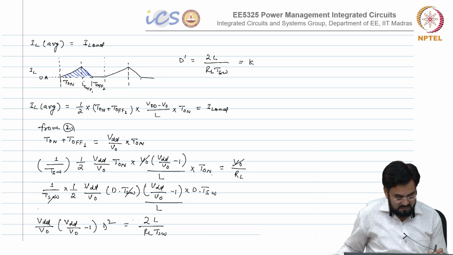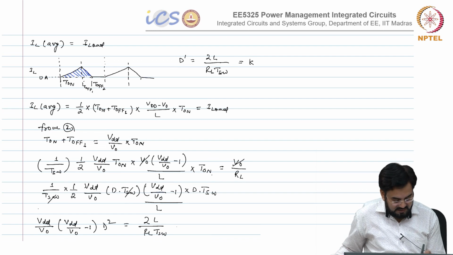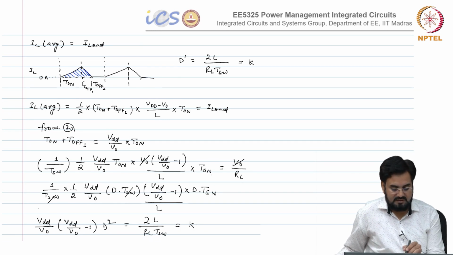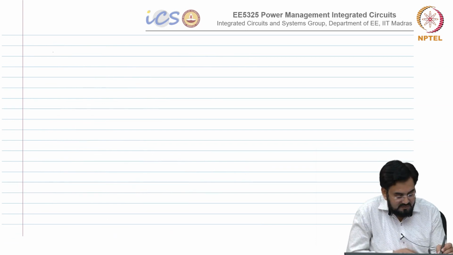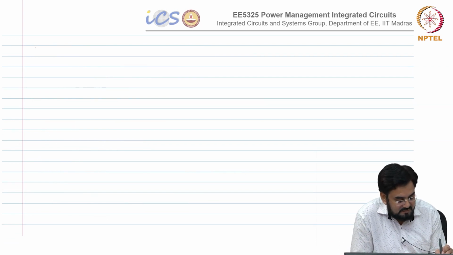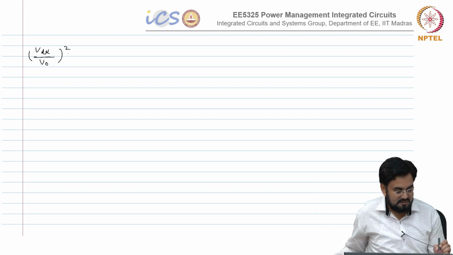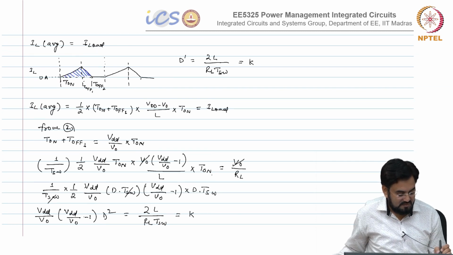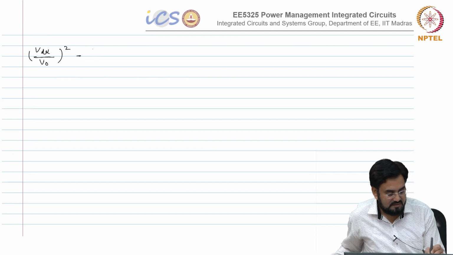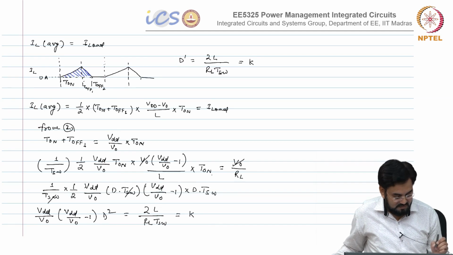And we know this is nothing but equal to K. You have to simplify this. (VDD over V_out) square, multiply these two, minus VDD over V_out.